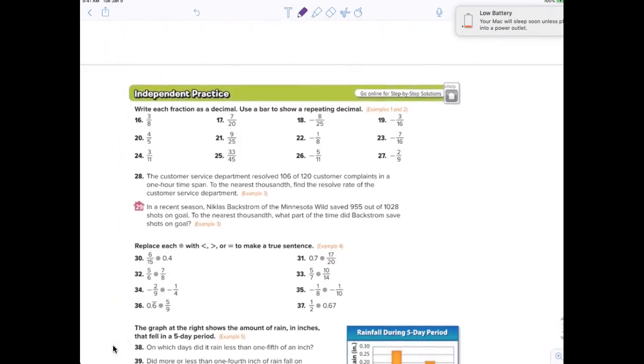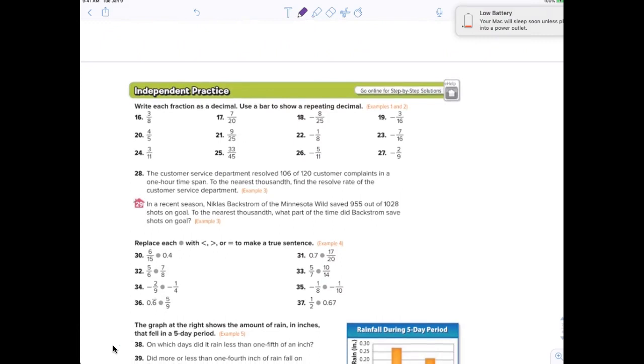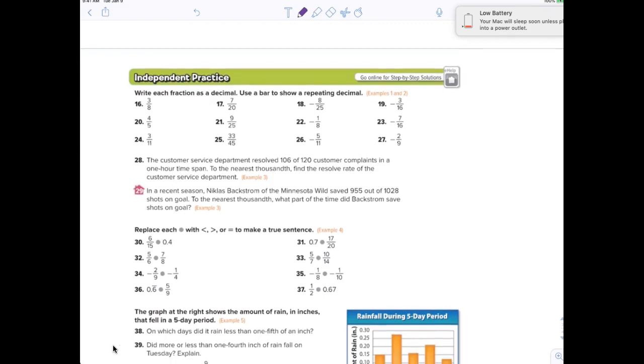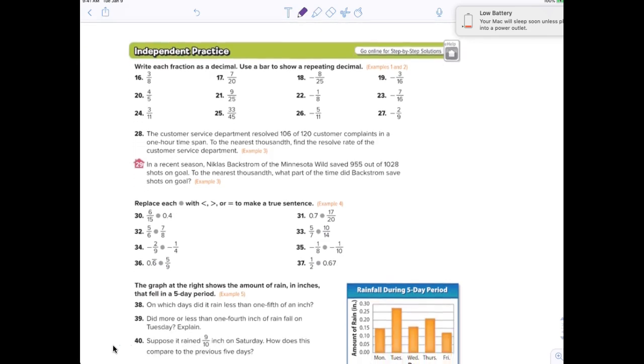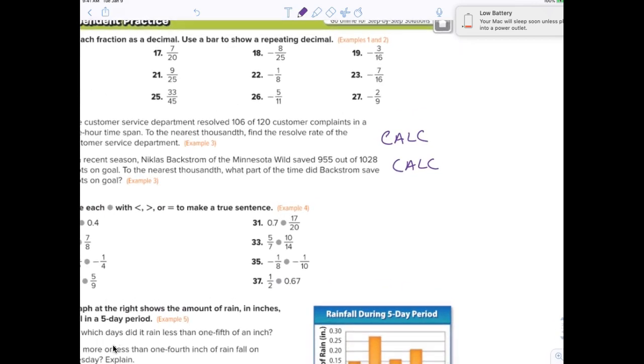So here, let's flip the page. Here is what I want to show you. These two, 28 and 29, are calculator problems. It says round to the nearest thousandth, too. So who's got a calculator? All right. I need someone to tell me what 106 divided by 120 is, and I need everybody to do it if you have a calculator.